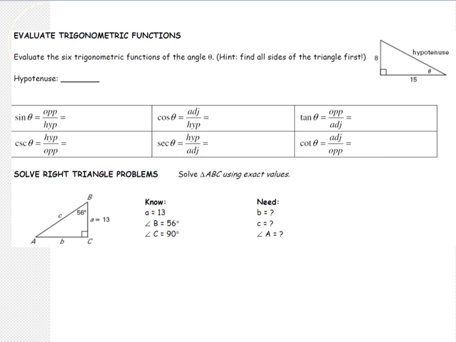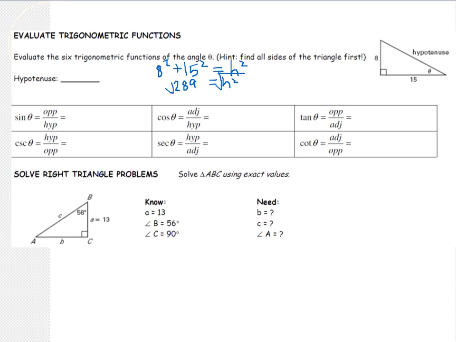So side squared plus side squared equals hypotenuse squared. So one side is 8 squared plus another leg is 15 squared equals our hypotenuse squared. So 15 squared plus 8 squared is 289, and that equals our hypotenuse squared.